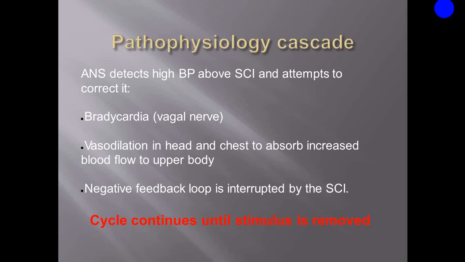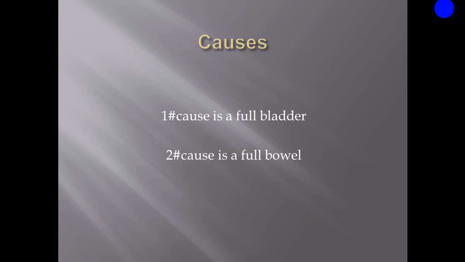The negative feedback loop is interrupted by the spinal cord injury. This cycle continues until the stimulus is removed, and this cycle creates our crisis situation in autonomic dysreflexia, in spinal cord injury patients above T6.